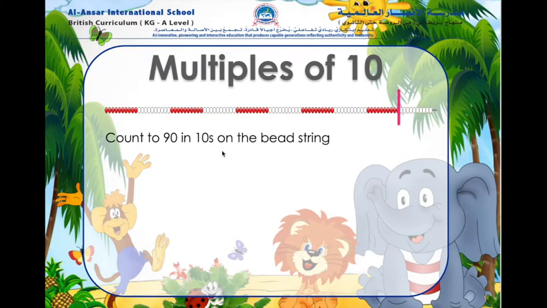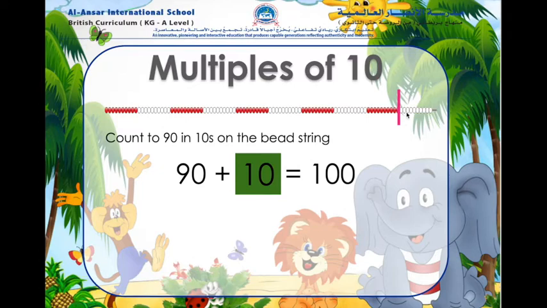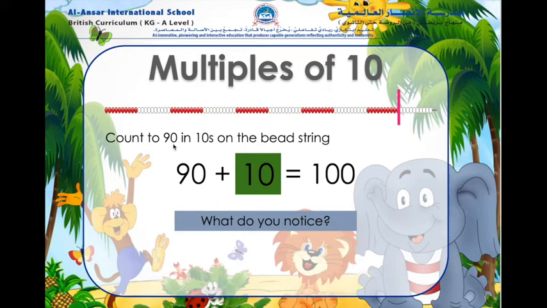So it's saying 90 plus what equals 100? 90 plus 10 equals 100. And what do you notice again? 9 plus what will equal 10? 9 plus 1 will equal 10. So bonds of 100 are the same as bonds of tens without the 0 over here.